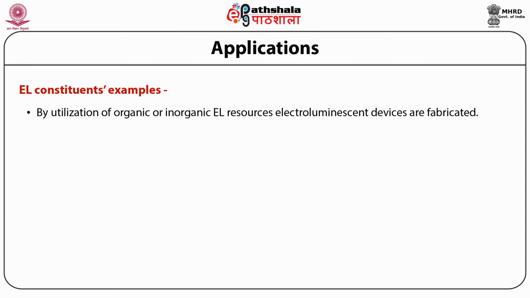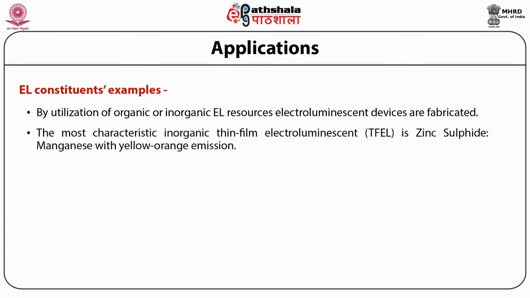Significantly, wide bandwidth based semiconductor active materials are commonly used for allowing light to exit. The most characteristic inorganic thin film electroluminescent, which is TFEL, is zinc sulfide doped with manganese with yellow-orange emission.